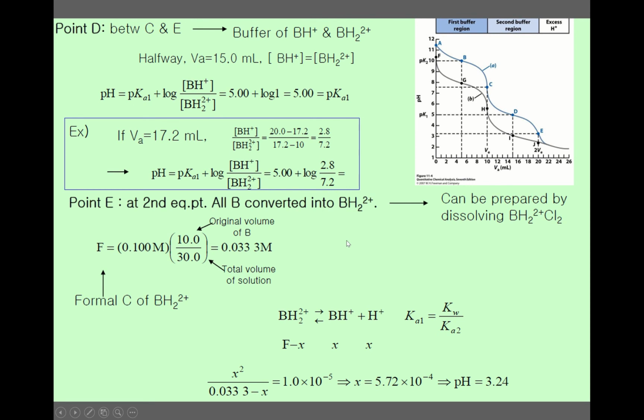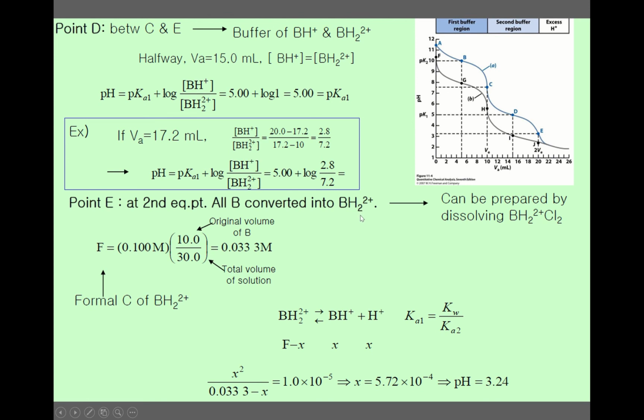And then finally, let's consider the pH at the second equivalence point. At this point, all the form is only pH 2 plus. Now this one acts as a weak acid. Let's calculate the formal concentration of this species.